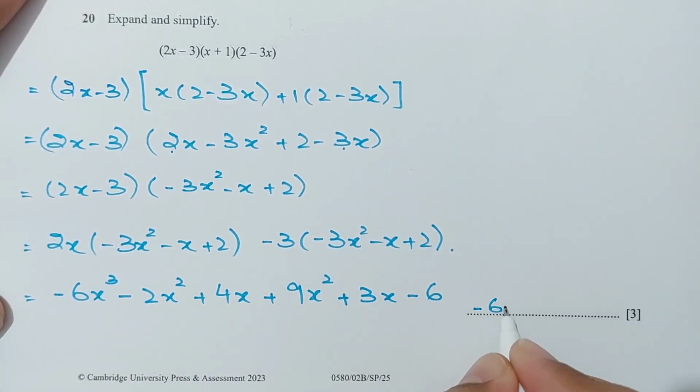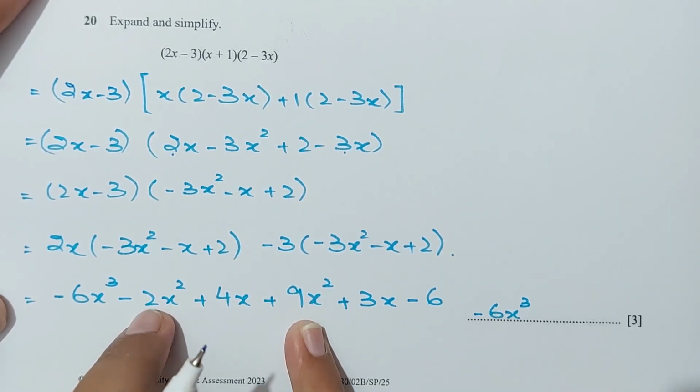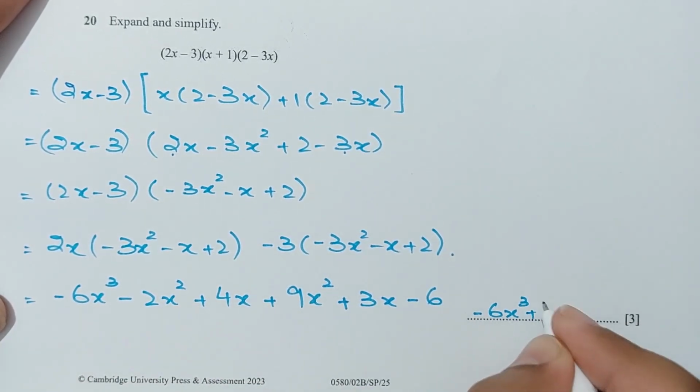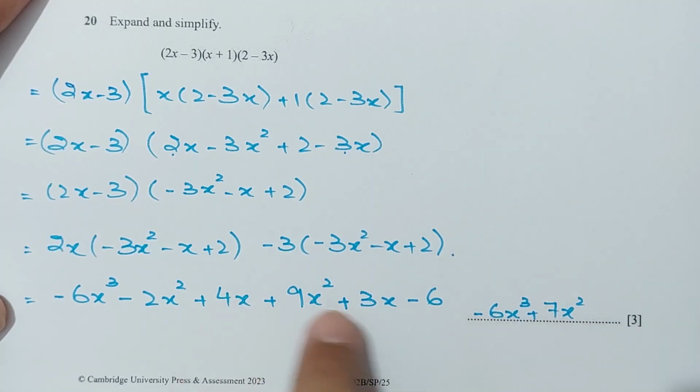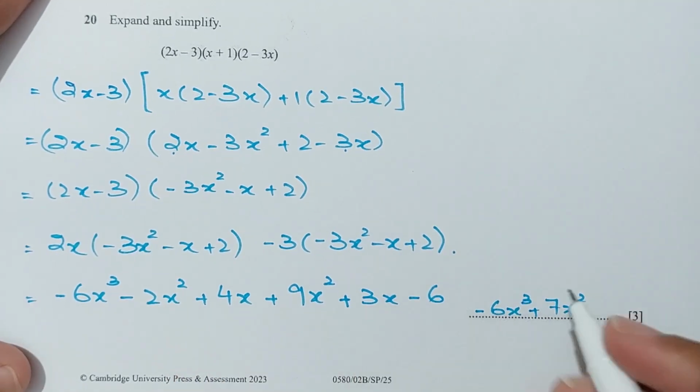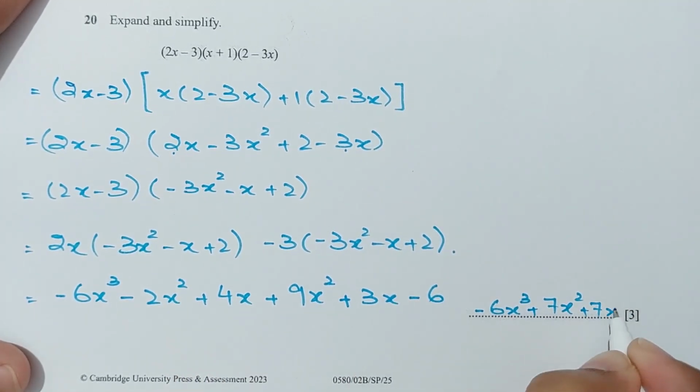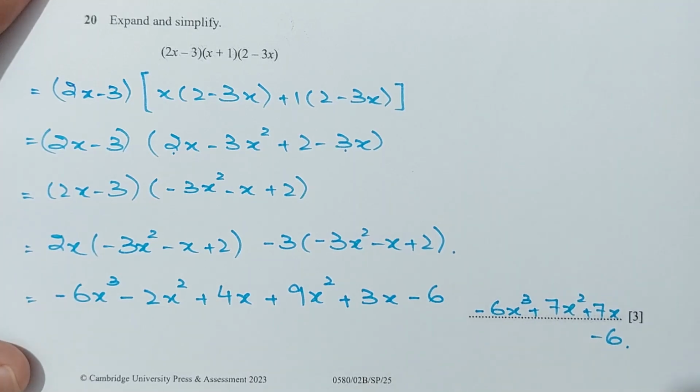Now negative 6x cubed; x squared terms: 9 and minus 2 is plus 7x squared; x terms: 4 and 3 is 7x; and the constant is negative 6.